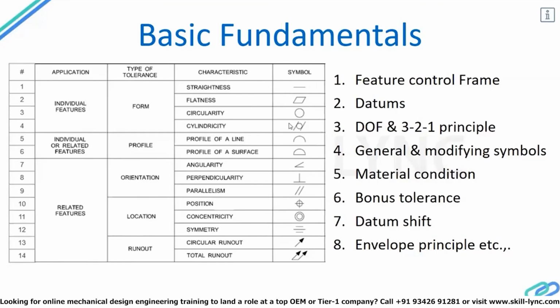With these symbols, we will communicate what our design intent is in any drawing. Apart from it, there are also other terminologies like feature control frame, datums, degree of freedom, 3-2-1 principle, general symbols, modifying symbols, material condition, bonus tolerance, datum shift, Rule 1 or the envelope principle.